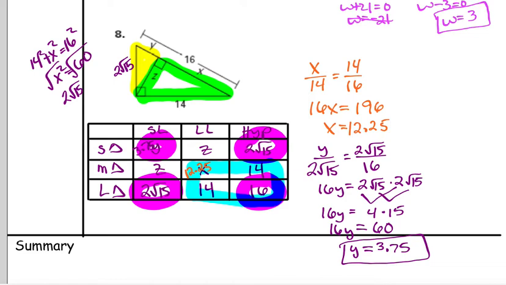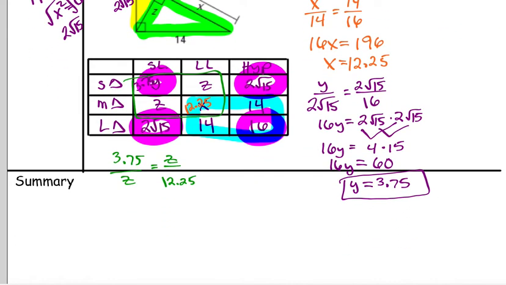And now I'm going to use the upper left corner there to find z using the 3.75 over z equals z over 12.25. And so 3.75 times 12.25 and z times z.